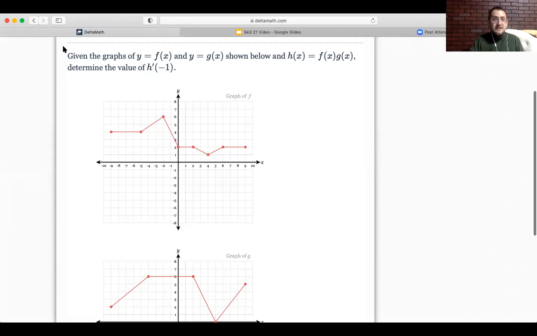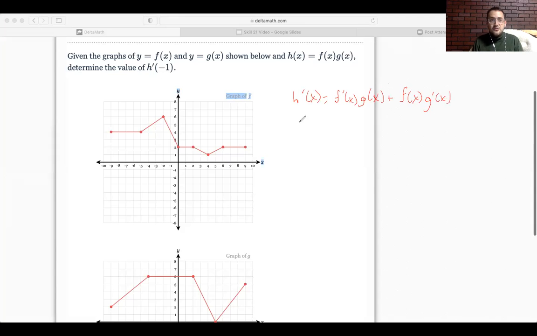So this one is a classic example of a product rule. So I'm going to write h prime of x equals f prime of x times g of x plus f of x times g prime of x.